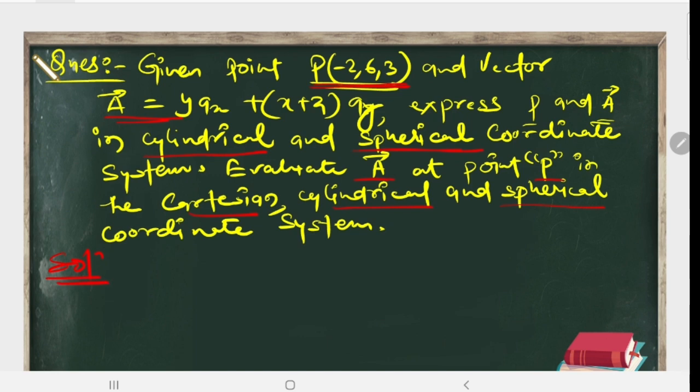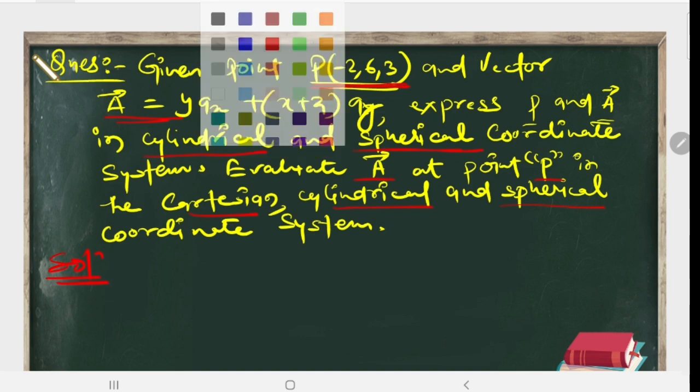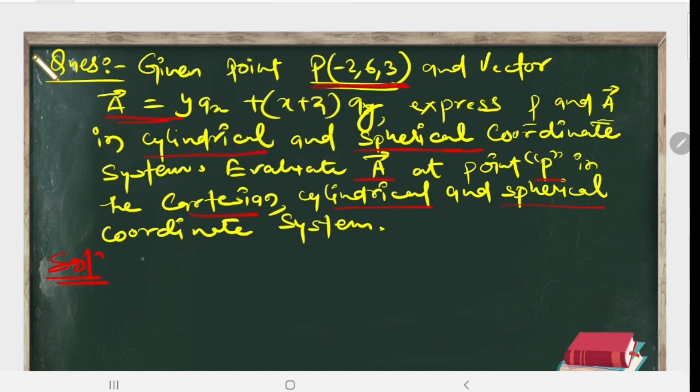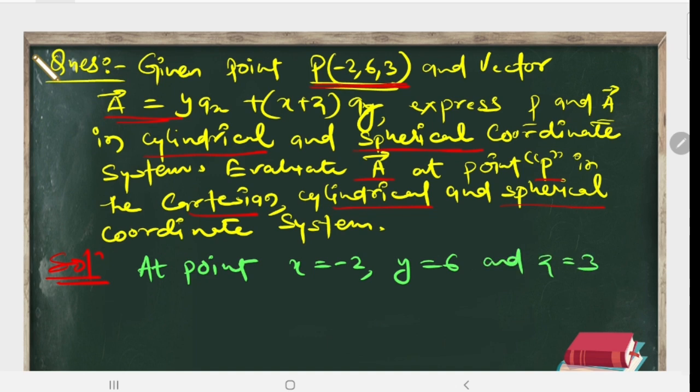So the solution for this is, at point P, the x value is -2, y value is 6 and z is equal to 3. We have to express this point in cylindrical coordinates.